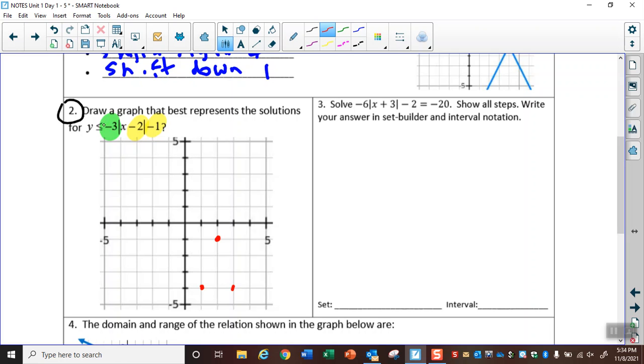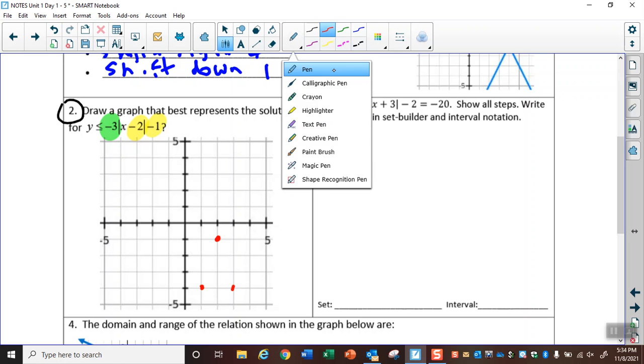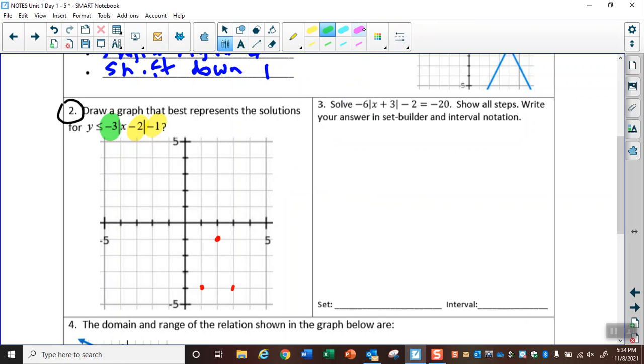All right. And then now this is less than or equal to. Okay. If you look at this part right here, it's less than or equal to. So it's going to be a solid line.